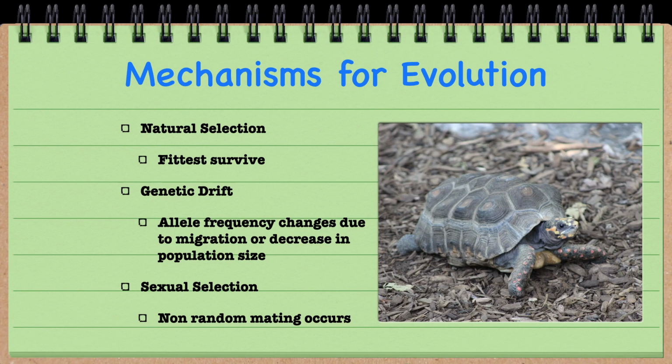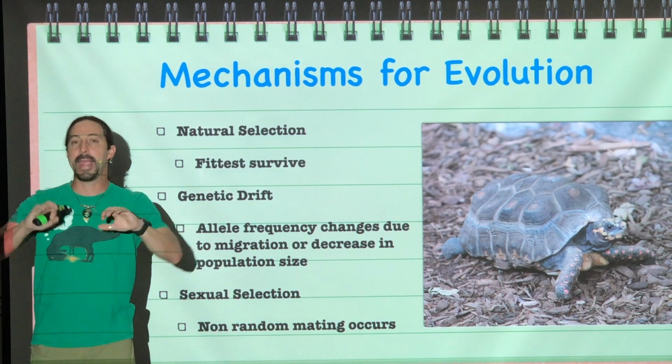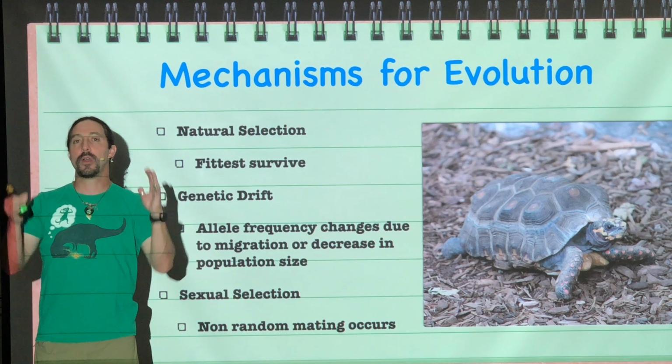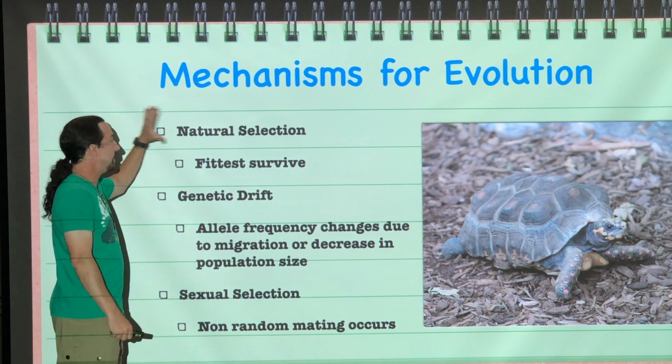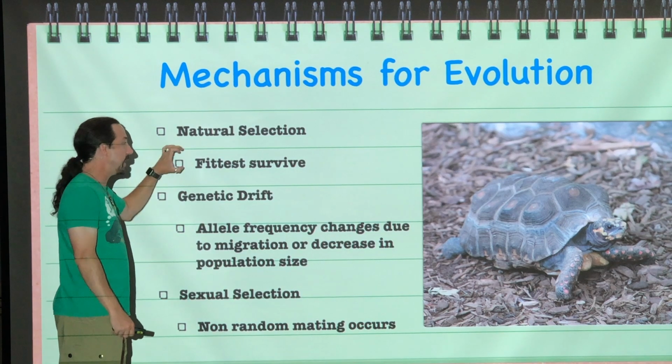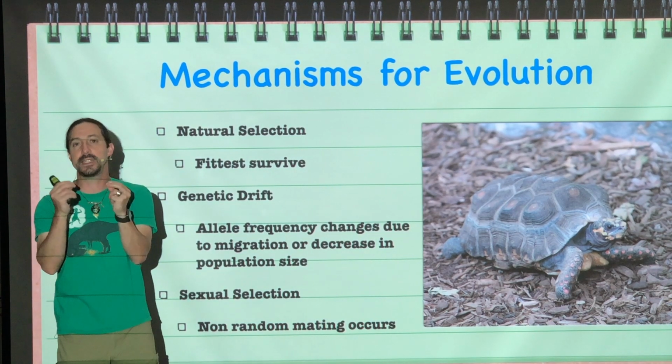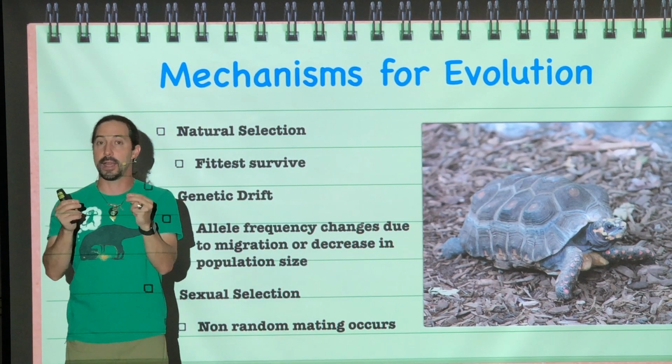The mechanisms then are natural selection, genetic drift, and sexual selection. Those are the 3 main ways that we can think about for the mechanisms for evolution. It is either through nature changing and the fittest, the organisms that fit that environment the best, survive.